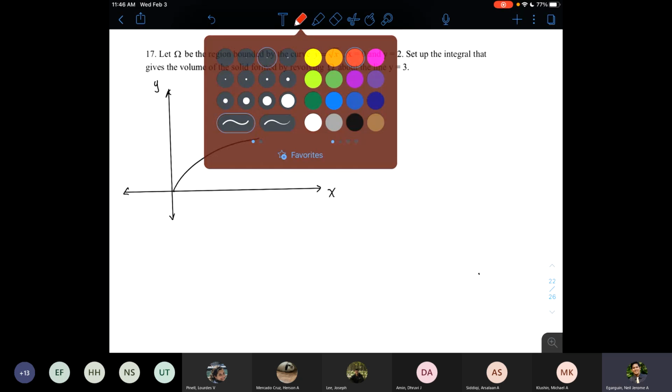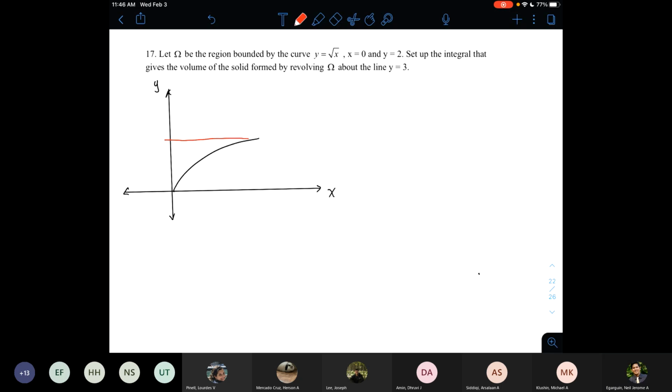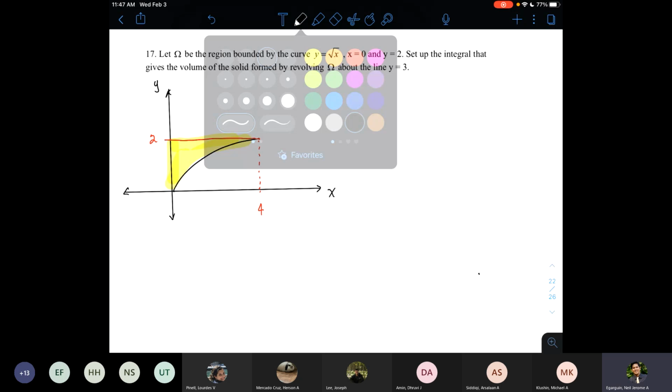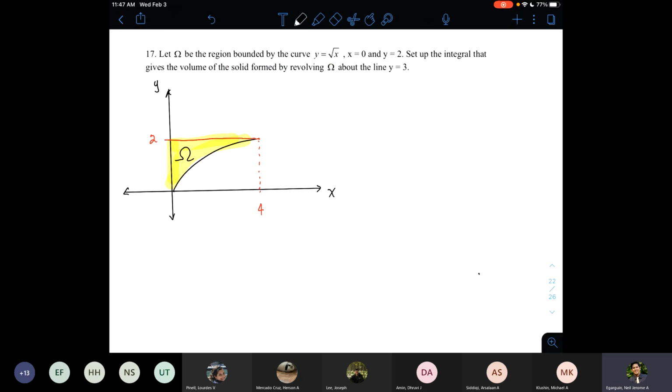And then the other one is y equals 2. Then we already knew this to be x equals 4. And then this is the region omega. But now the axis of revolution is y equals 3. So this is our AOR, y equals 3, right?